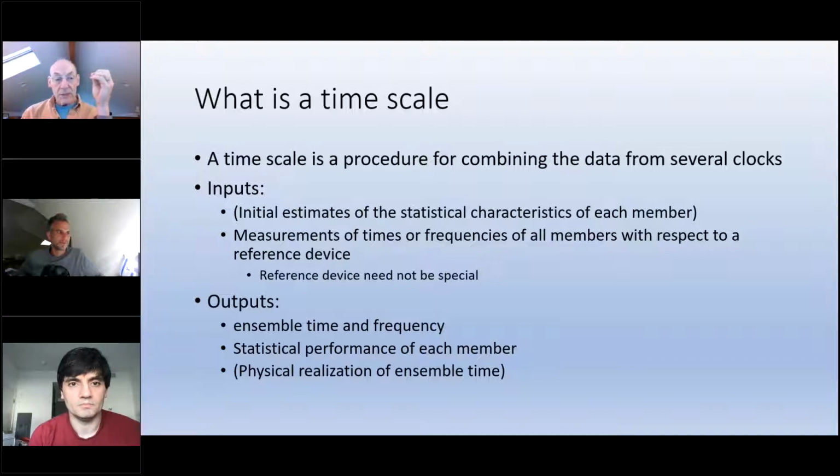And that's the input to the time scale. The output is the ensemble time, which is an offset from every clock in the system. And you also need the statistical performance of each member, and you can create a steered realization of the ensemble time.